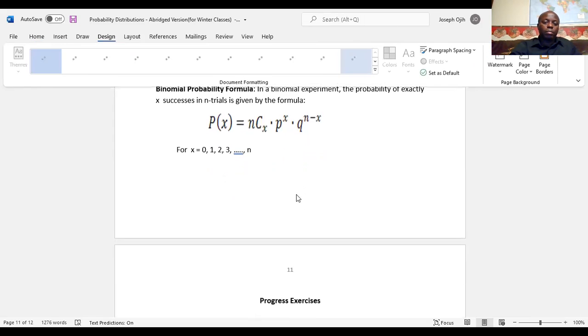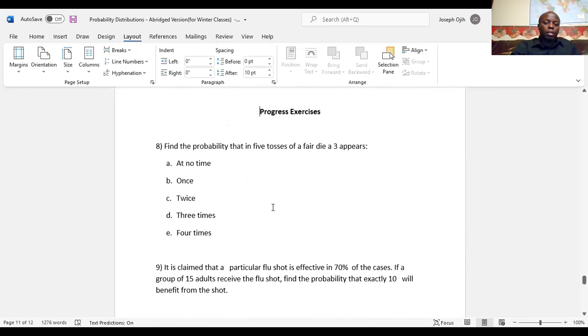Let's try this example. It says, find the probability that in 5 tosses of the first dice, 3 appears at no time, once, twice, 3 times, 4 times.